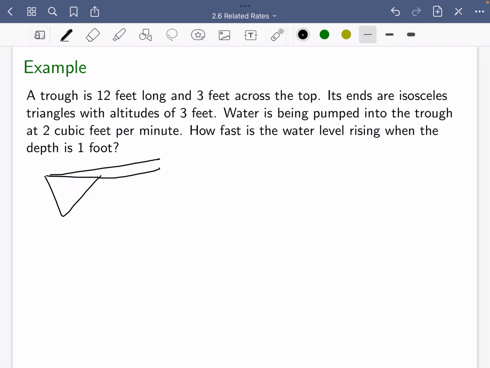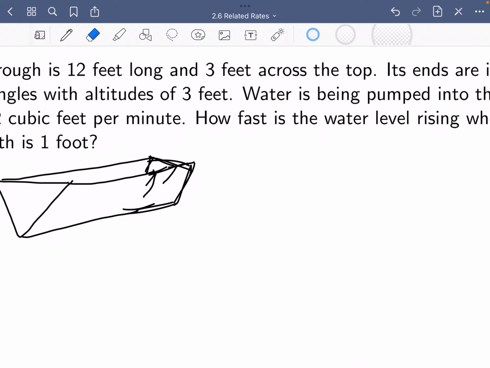We have something that looks kind of like this, sort of like that. I'm going to try to clean it up a little bit. So this is our trough.